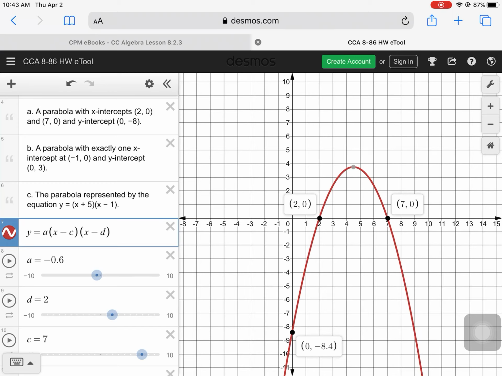So once you get it to this point, all you have to do is sketch what that graph would look like. You can see that my vertex is at 4.5. Again, I'm off a little bit, but not too bad. But that's as good as it's going to get for this equation because at this point in time, we don't have any other tools. We can go through the same thing for B and for C.